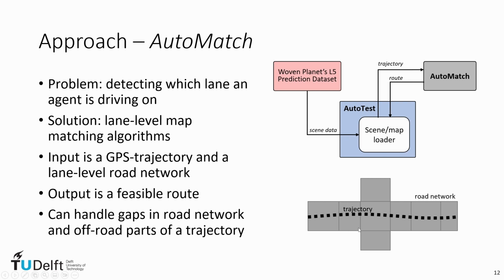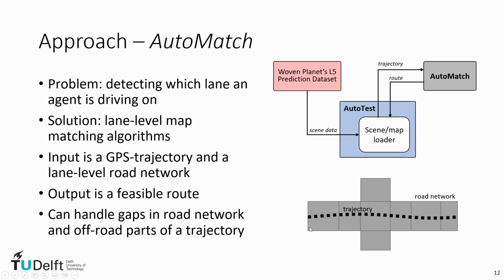That would be this one. But sometimes there are faults in the road network, and especially in the size that I'm using in my thesis, a road network of, I believe, 6,000 lanes. And when you have this, you want your map matching algorithm not to get stuck, or to not be able to compute the actual route. So AutoMatch is actually able to do this.